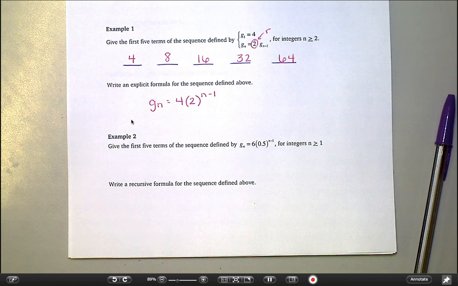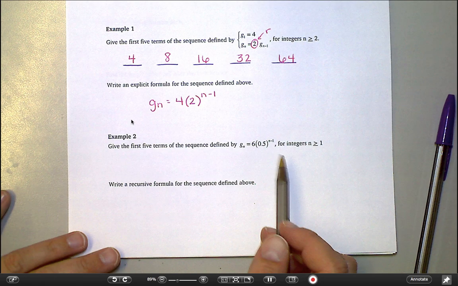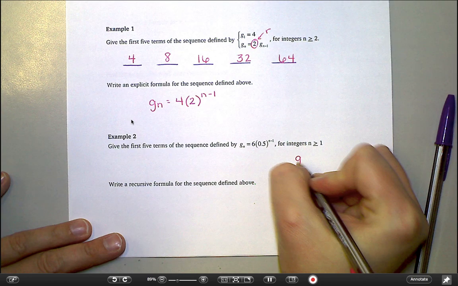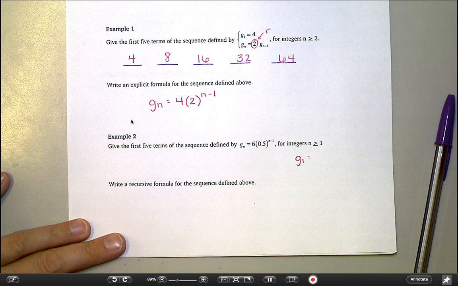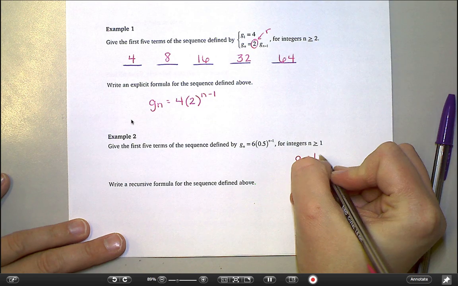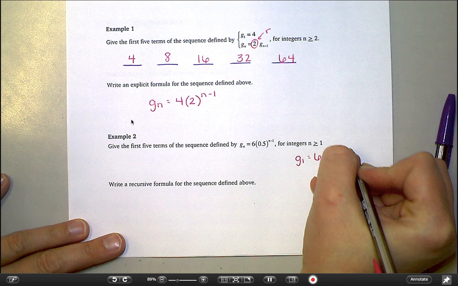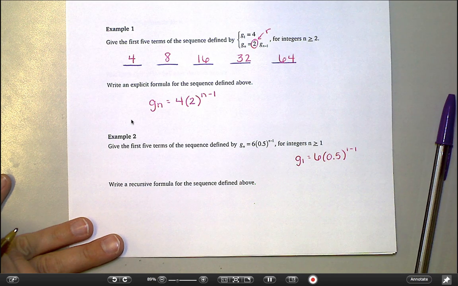So the way that an explicit formula is supposed to work is, when we want term 1, we plug in a 1. When we want term 2, we plug in a 2. So if I was following that to the letter of the law here, that would look like this. 6 times 0.5 to the power of 1 minus 1. And I could type that in my calculator.